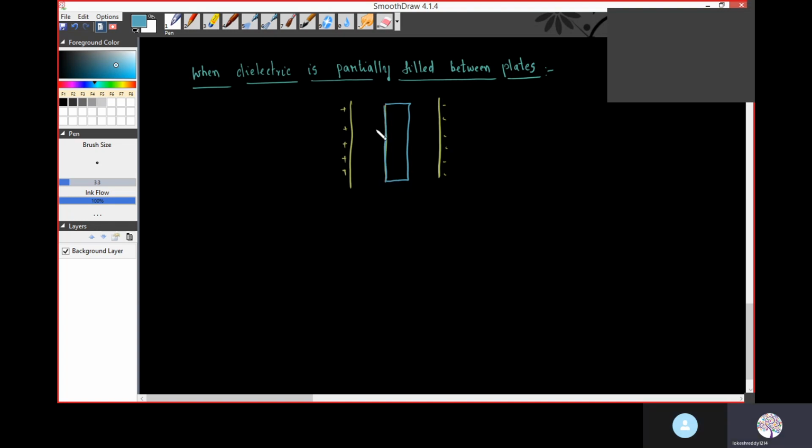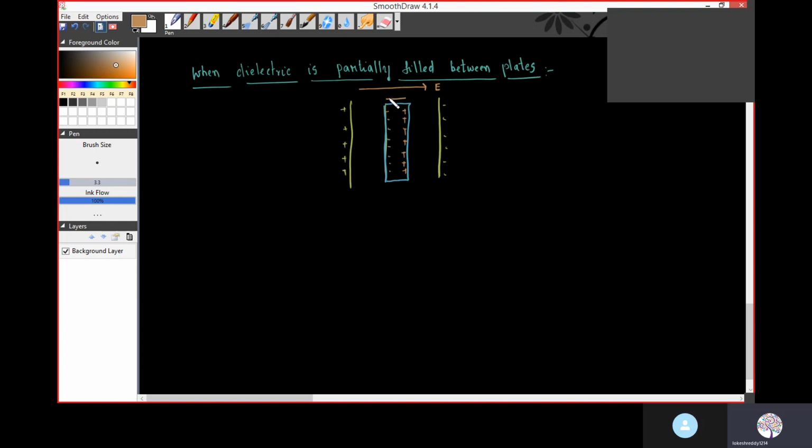So now, as usual, what is the electric field? This electric field is in this direction. This negative will induce positive, and this positive will induce negative.